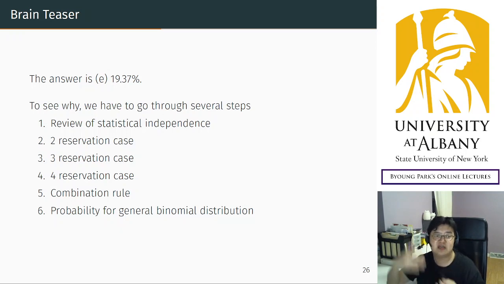Then I will extend from 2 to 3 to 4, and then we will generalize to any number of reservations. So 10 is just a special case of the general rule. The combination rule is a general rule of counting, which will also be very useful. And then finally, we will get to the general binomial distribution probability. I will go through these steps.